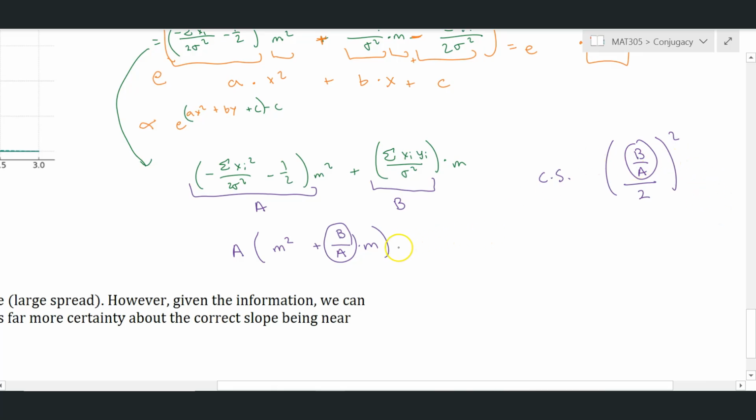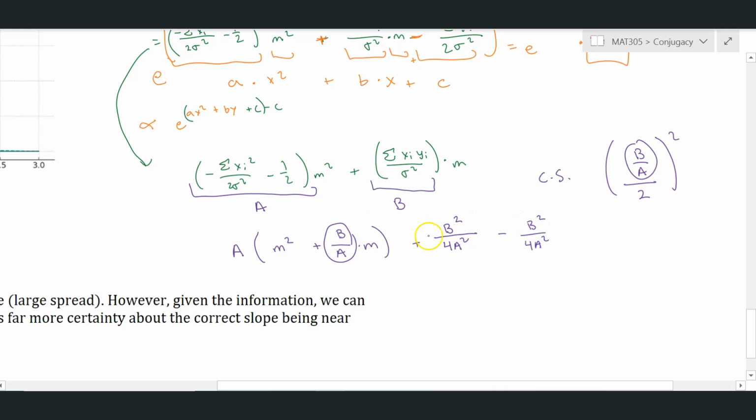And that would be the term that we would want to add and subtract. You'll see in a moment how this works. So what I will do is I will add b squared over 4a squared once I square that, and then I'm going to want to subtract b squared over 4a squared.